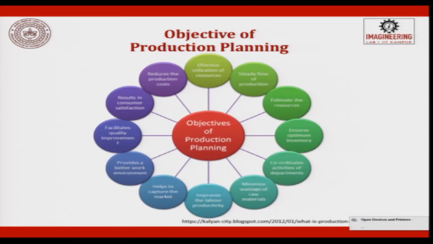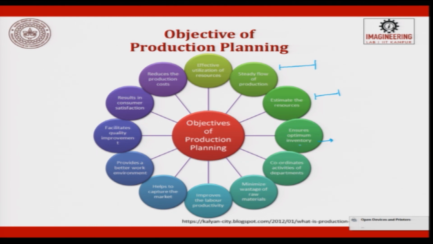So, what are the objectives of production planning? The objectives should be effective utilization of resources and steady flow of production. That means throughout the month all 3 shifts should be given employment. Eliminate unnecessary resources, then ensure optimum inventory, because inventory should not be there for a long time.